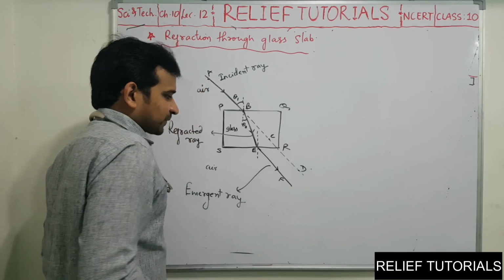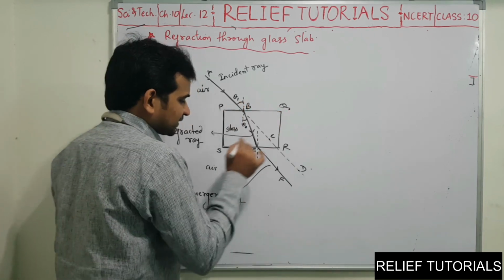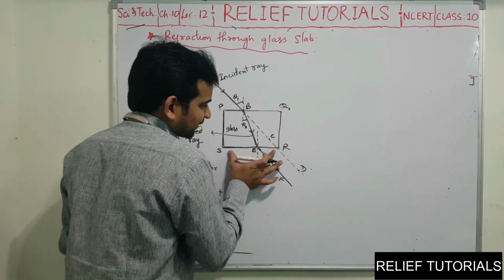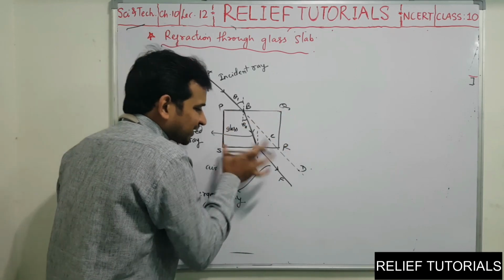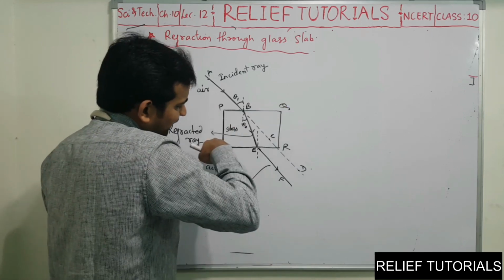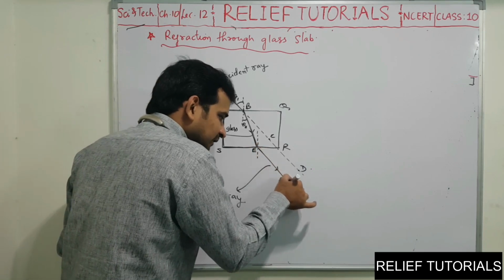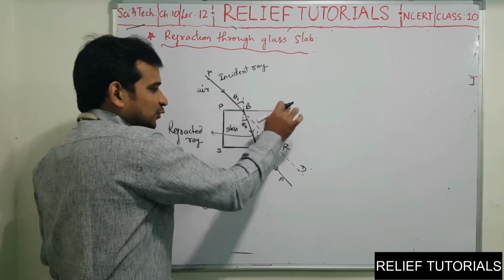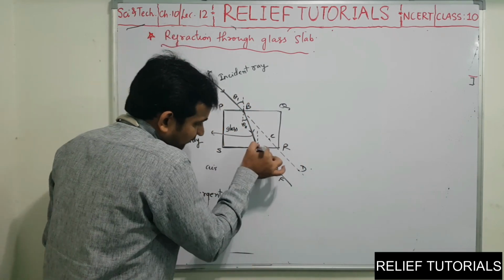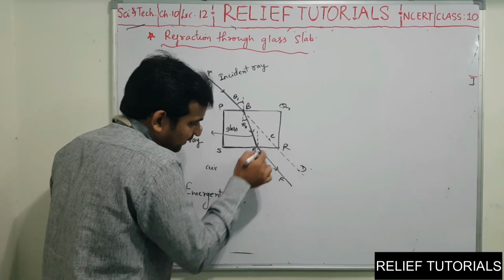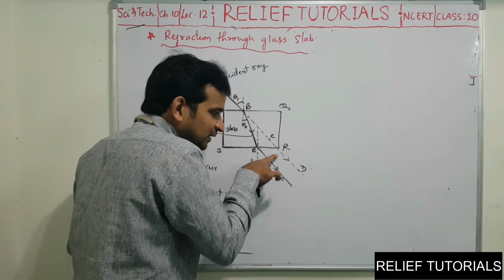Let us see the conditions first. This PQ, the first interface, and RS, the second interface, the two sides of the rectangular glass slab: if PQ and RS are parallel, then, listen carefully, the final emergent ray goes in the same direction as the original incident ray was going.